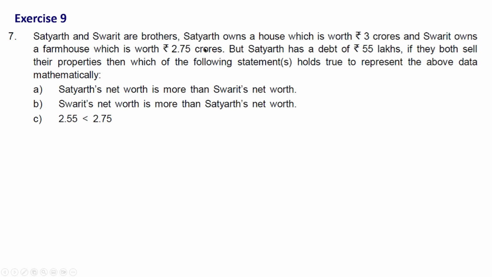So here Satyat owns a house of 3 crores but he has a debt of rupees 55 lakhs. So after the house is sold, Satyat's net worth will be 3 crores minus 55 lakhs, which is 2.45 crores.